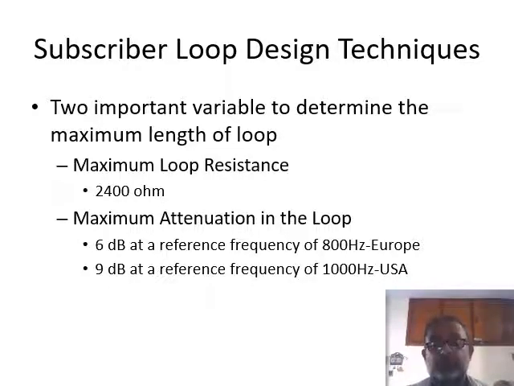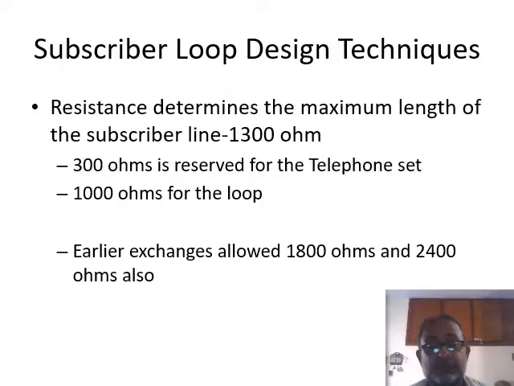So we have two different variables that determine the maximum length of the loop. The first one was the resistance, and the second one is the attenuation. Now let's see how attenuation affects and how resistance affects.